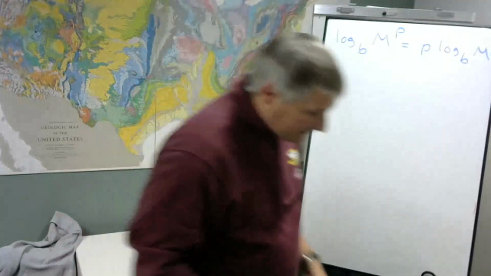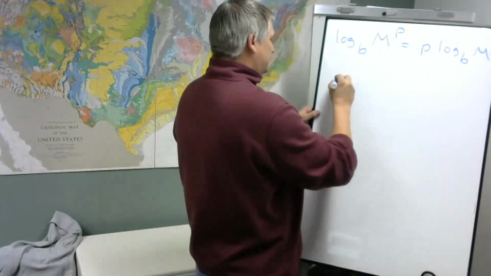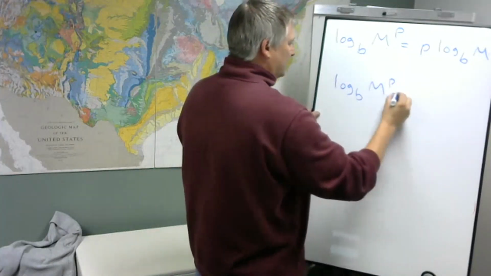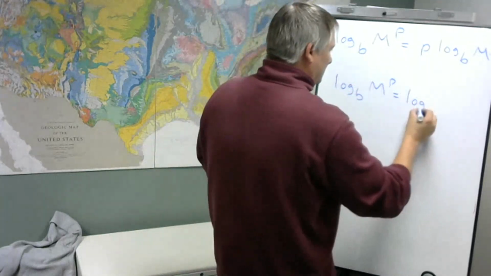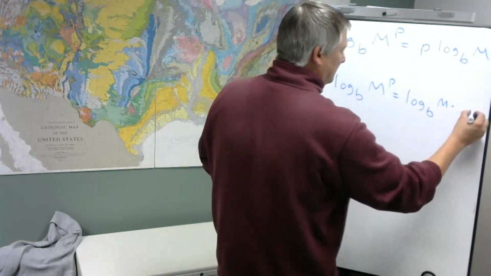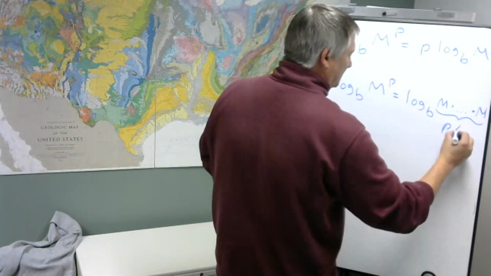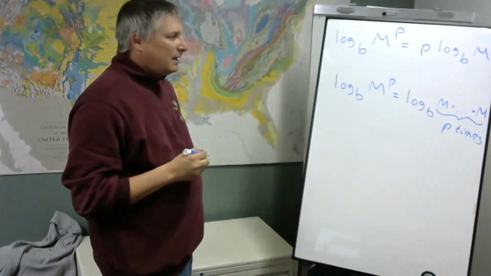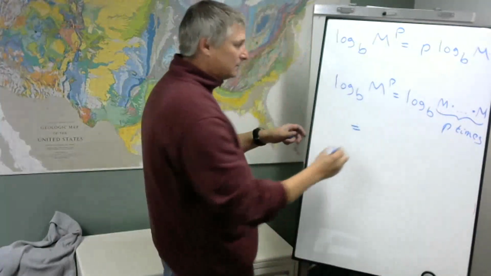So how does this work? Well, let's take a look at y. Well, log base b of m to the p. Remember, this is repeated multiplication. So log base b of m times itself p times. And so what we can do is use our addition rule.